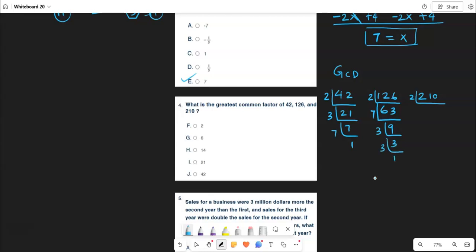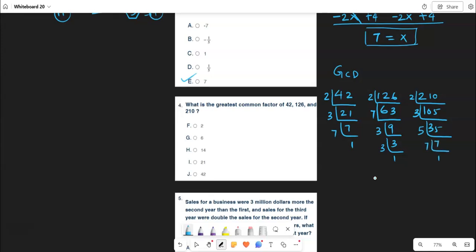And 210 divided by 2 is 105, and next is 3, 35, next is 5, 7, 7, 1.